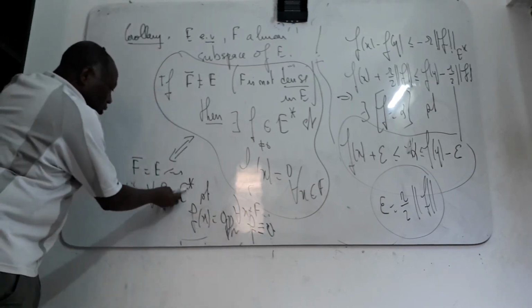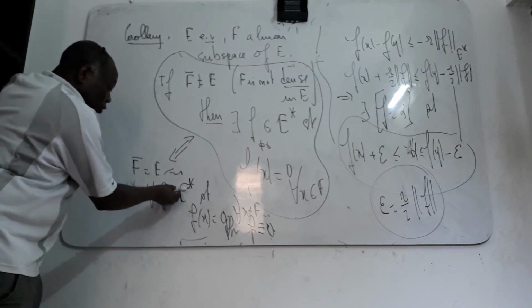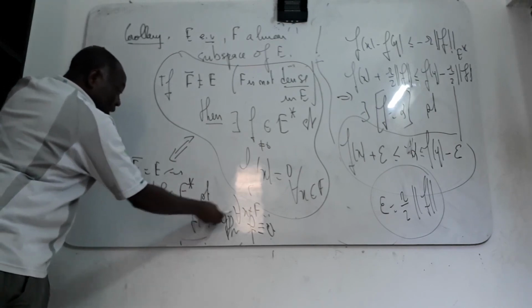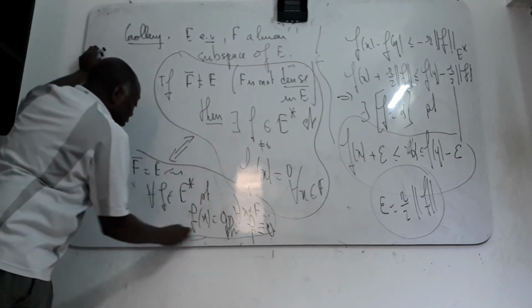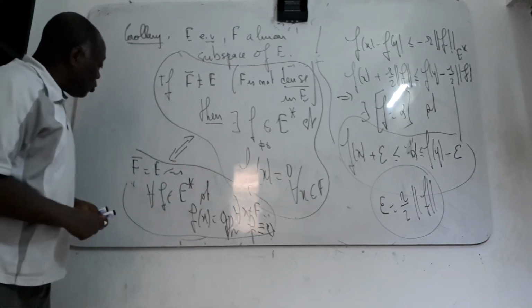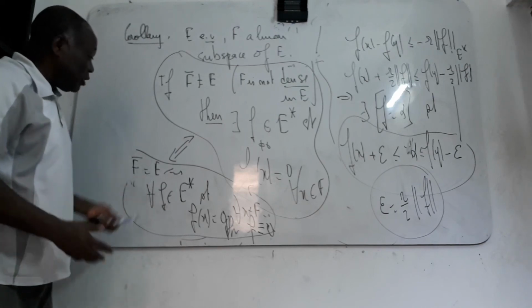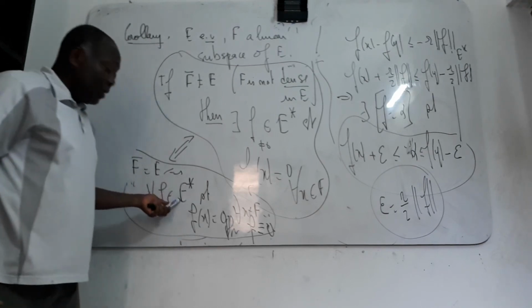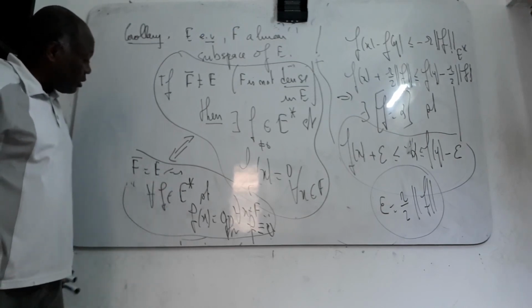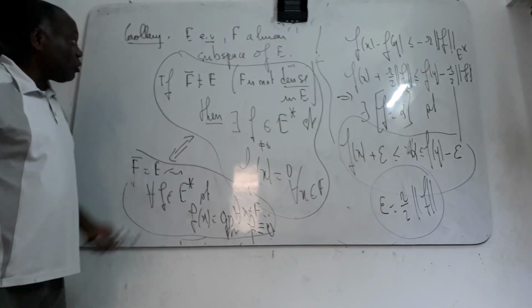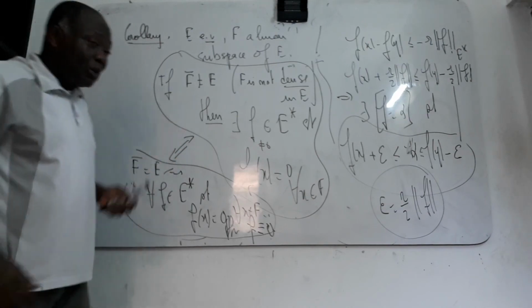It's equivalent to this form. So if you want to prove that F is dense in E, you just prove that for all linear maps which are equal to 0 on F, f is equal to 0 on E. I'll give you the proof of this one.